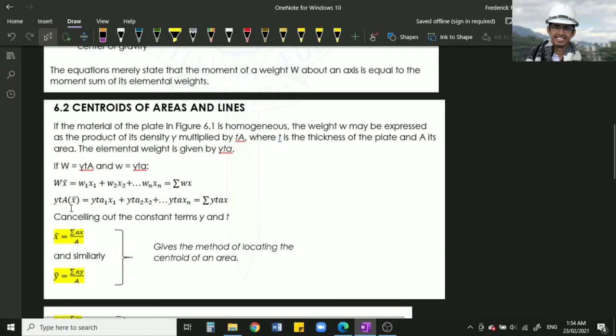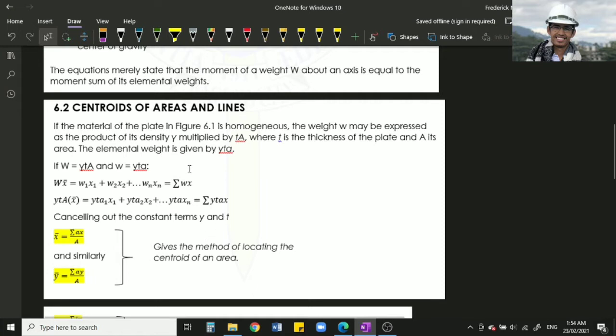So yung magiging weight natin is YTA, so that will be YTA times bar X is equal to YT area 1 times X1 plus YT area 2 times X2. So yung area ang nagbabago dito, class. Yung constant natin is yung Y and then yung thickness.